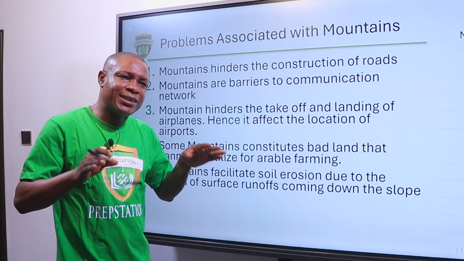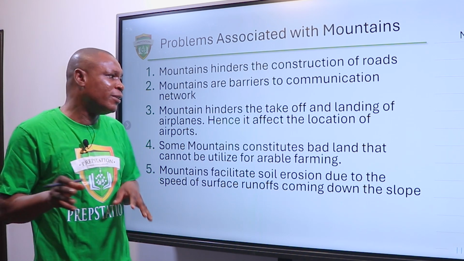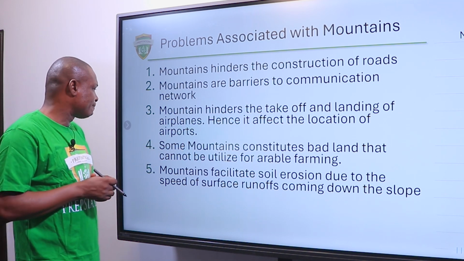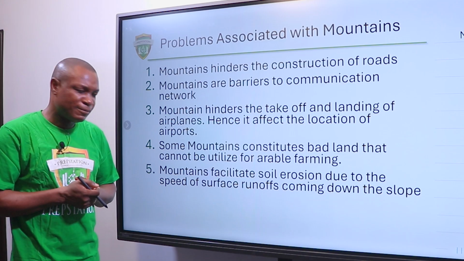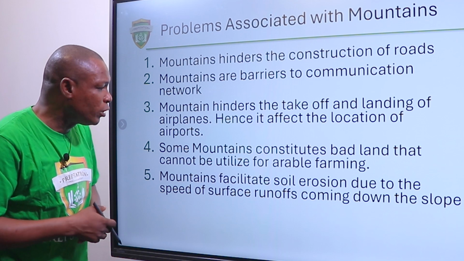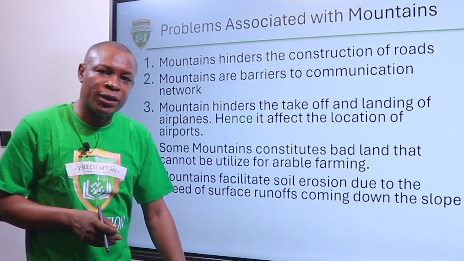Airports are always sited away from where you have mountains because mountains hinder takeoff and landing of airplanes. Number four, some mountains constitute bad land that cannot be utilized for arable farming. Mountains also facilitate soil erosion due to the speed of the surface runoff coming down the slope.